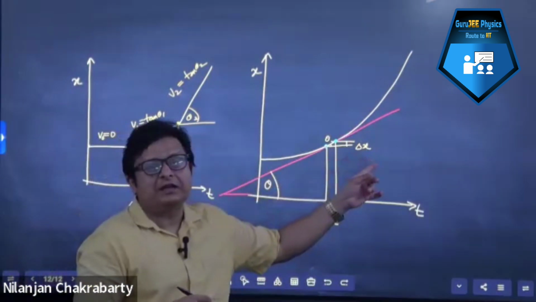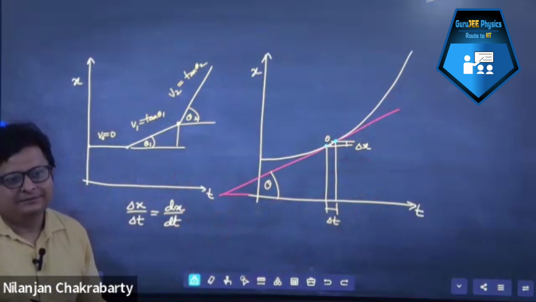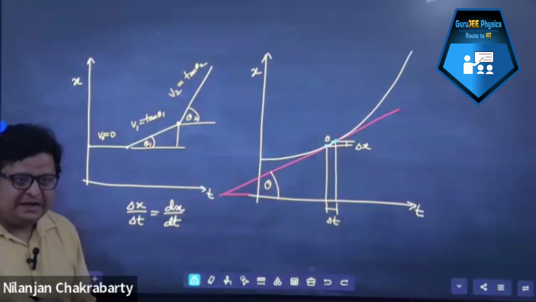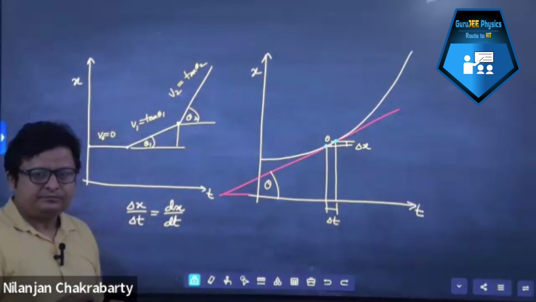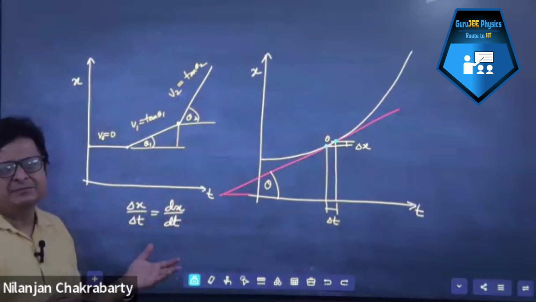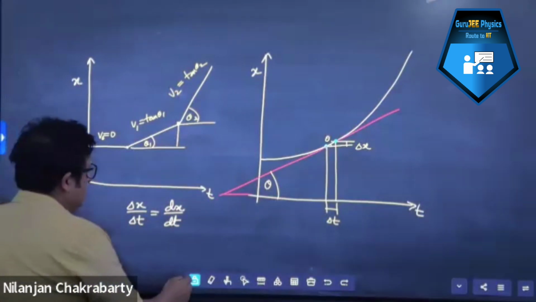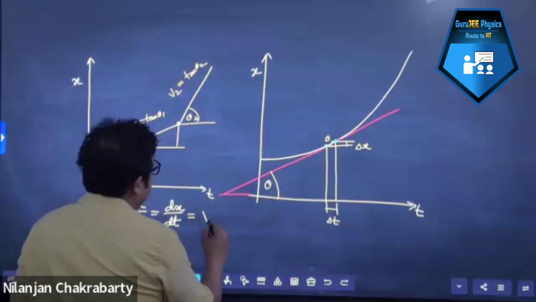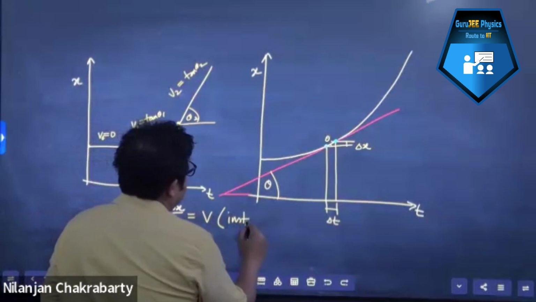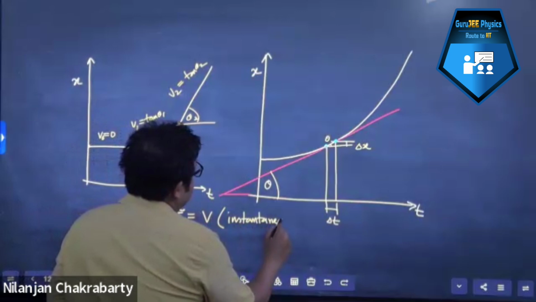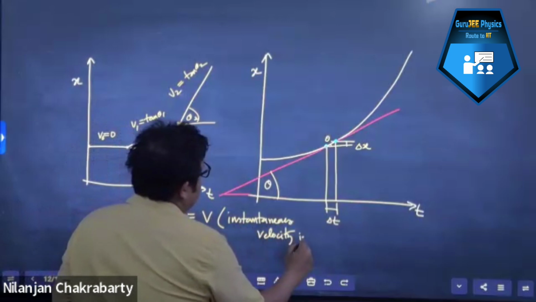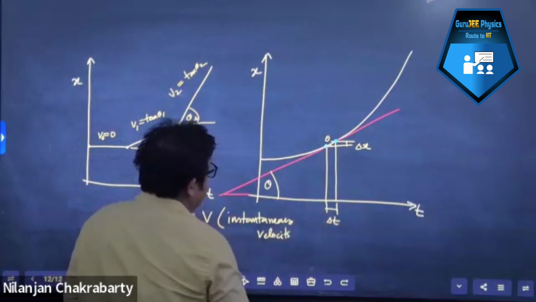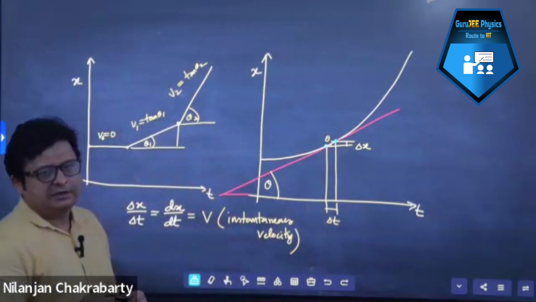So a small delta x becomes dx. Okay, it is not d multiplied by x. dx means a small increment in x, a change in x but very small. Now this you call the instantaneous velocity, that is, momentary velocity.